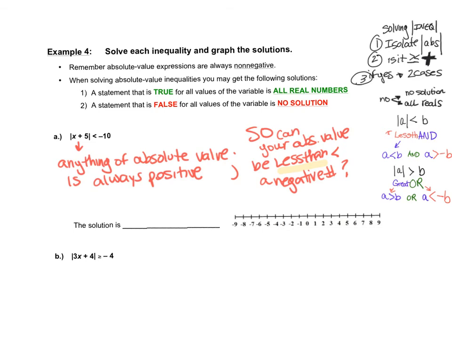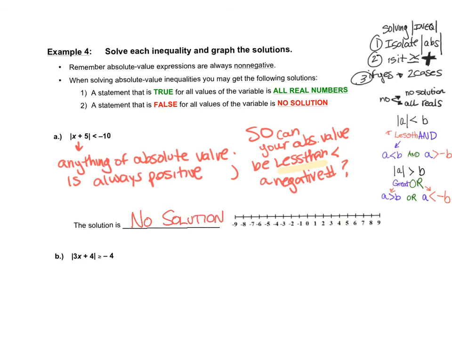Can you have the absolute value of anything be less than a negative? Well, if you know that the absolute value of anything has to be positive, then you cannot have the absolute value be less than a negative, because it means it's even more negative.